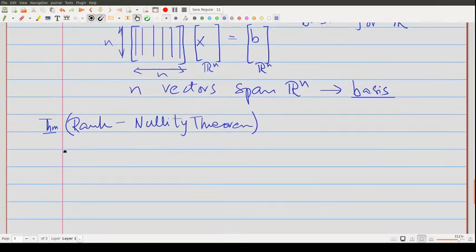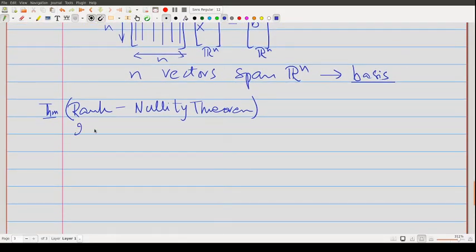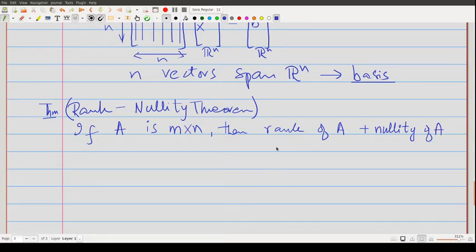And here what it says is if A is m by n, so you have an m by n matrix, then rank of A, that is the dimension of the row space, plus the nullity of A is going to be equal to n.